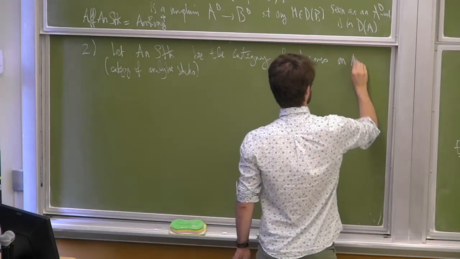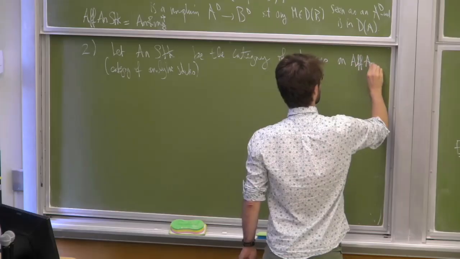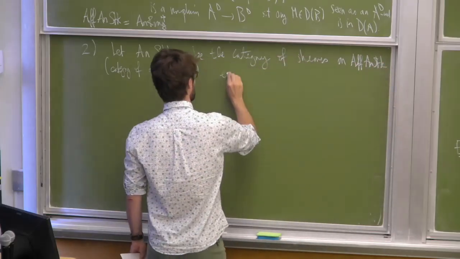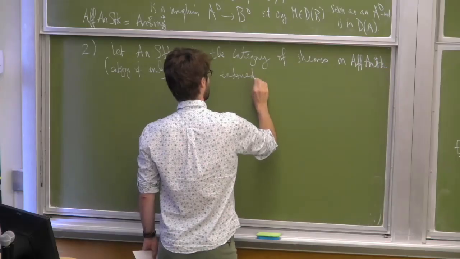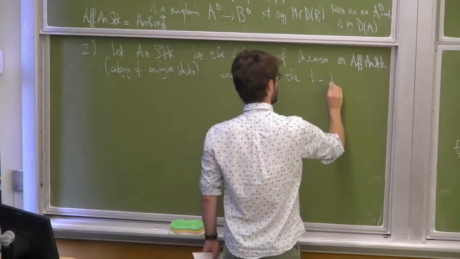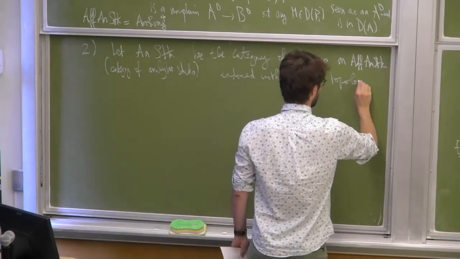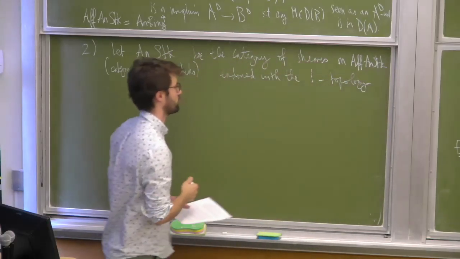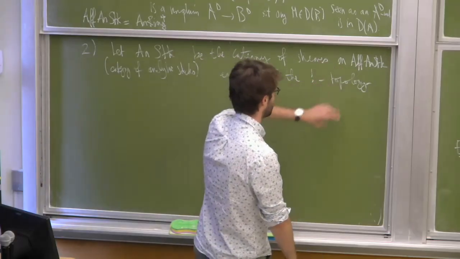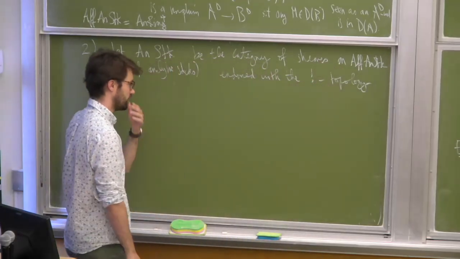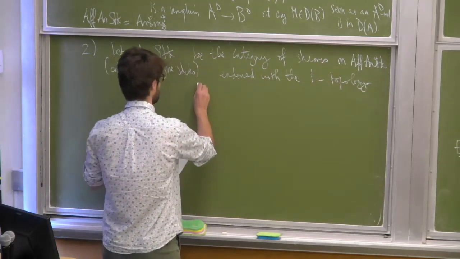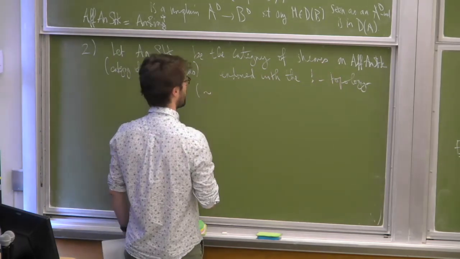On affine analytic stacks, which I endow with a certain topology called the analytic topology. Part of the difficulty of this notion of analytic stack is getting the precise definition and properties of this topology, but I don't want to go into that.